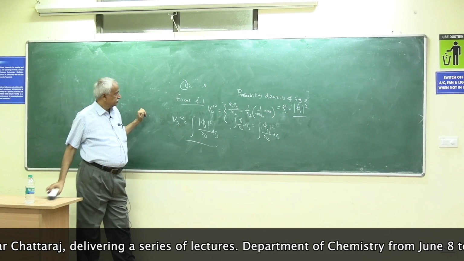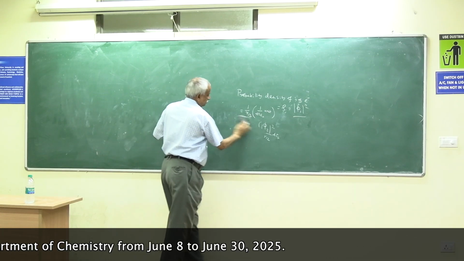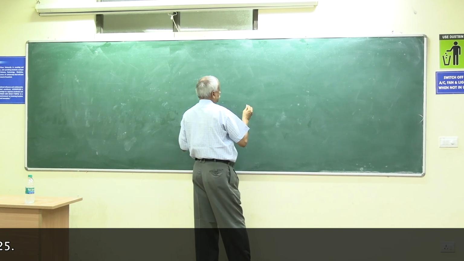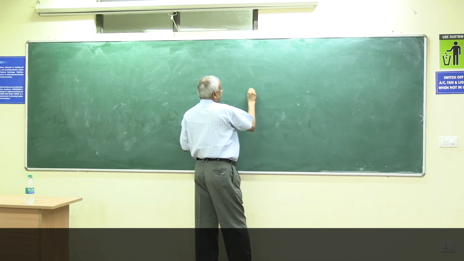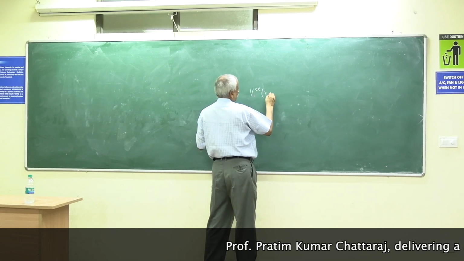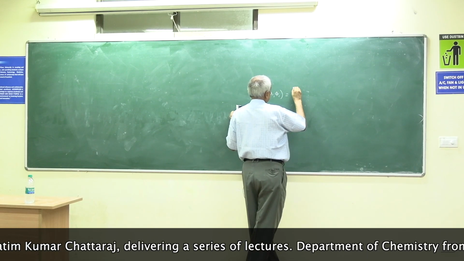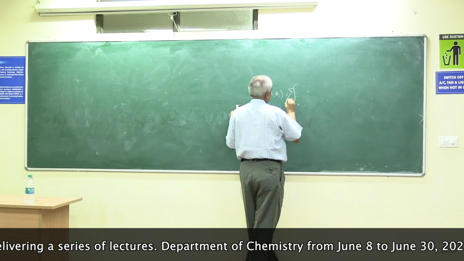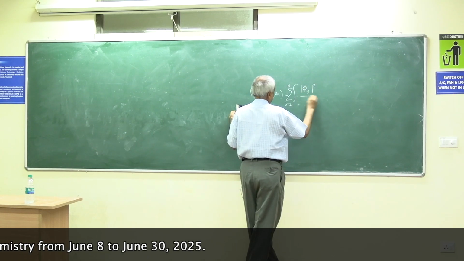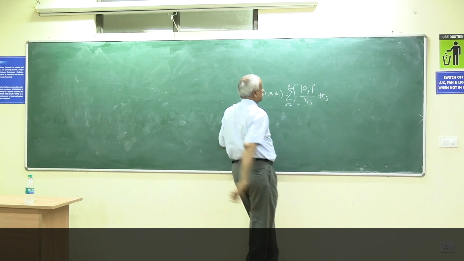So net electron-electron repulsion, say R1, theta 1, phi 1, okay.